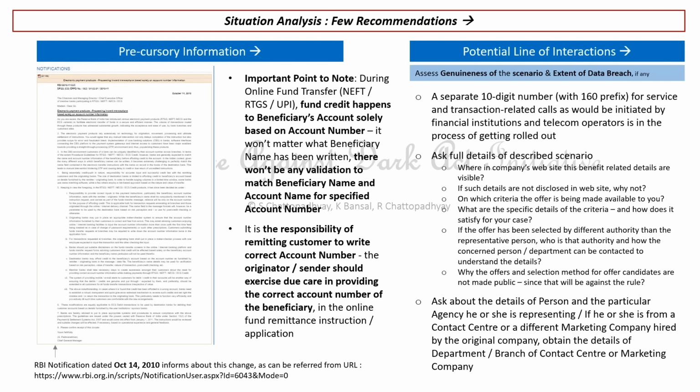And if the account name is not matching, the money will not be credited to the particular account.